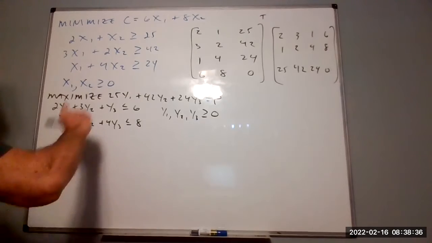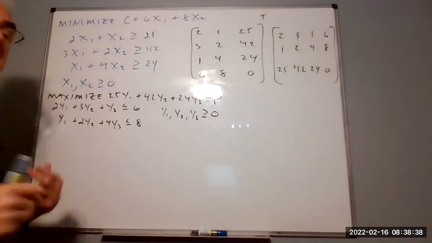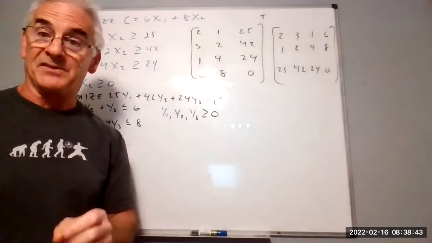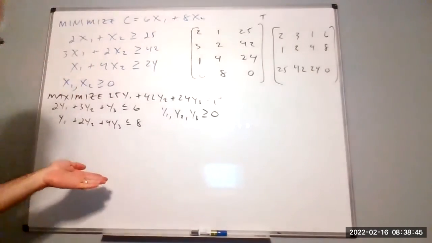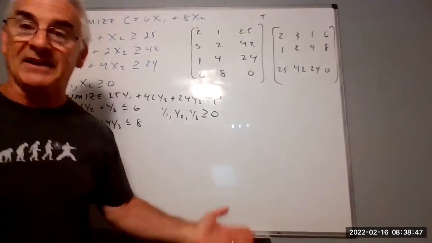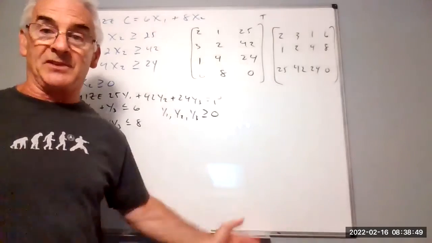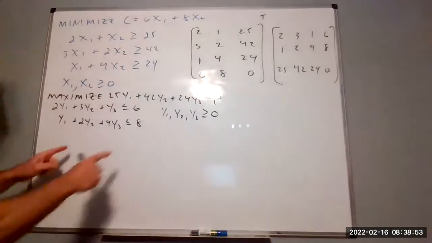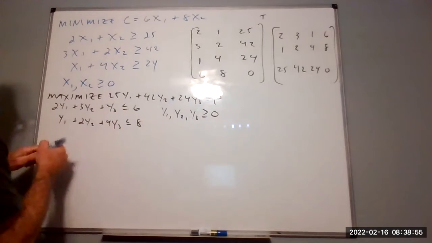Now that I've created a new problem, the next step is to create my slack variables so that I have a system of equations. There is no such thing as a matrix for inequalities. That does not exist. I'm creating a problem that looks like what we've already done.